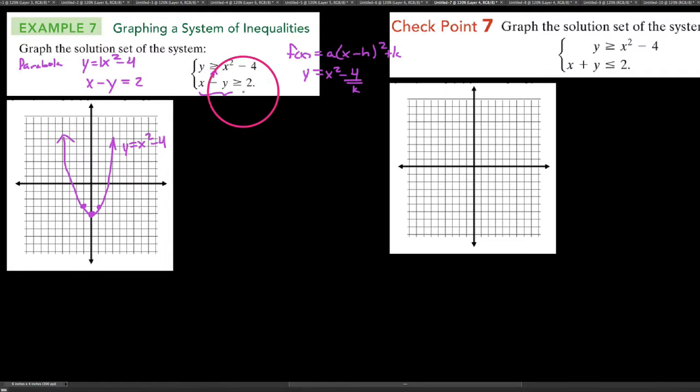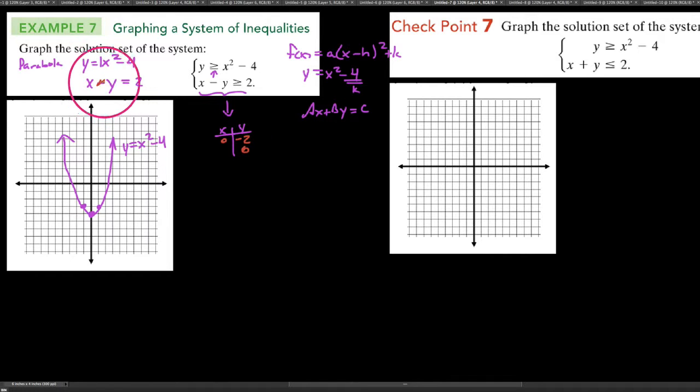Now our second constraint looks like a line in standard form, ax plus by equals c. We're going to graph this by finding its intercepts. When we look for intercepts, we plug in 0 for x and y to find our y and x intercepts respectively. Plugging in 0 for x, we get negative y equals positive 2, so y equals negative 2.